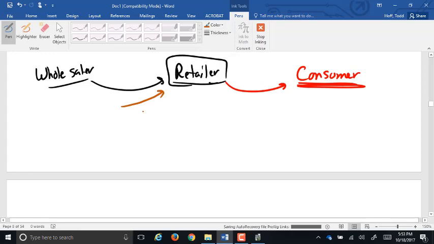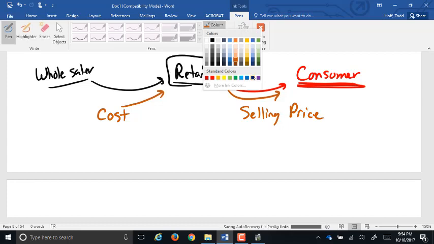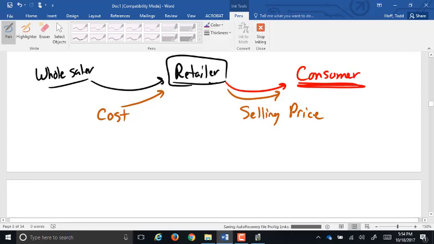The merchandise comes into the retailer. They pay a certain price for it. That is called the cost. The retailer turns around and sells it to the consumer at a certain price. That is called the selling price. Those two are obviously not the same. The difference between them is called the dollar markup.